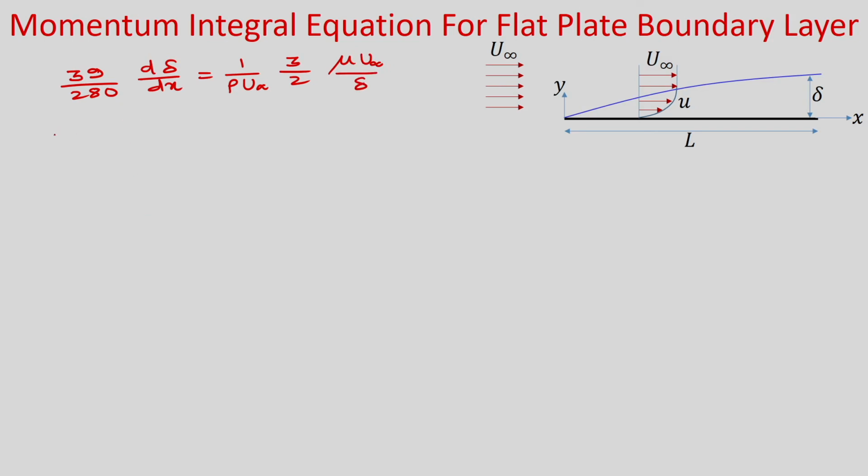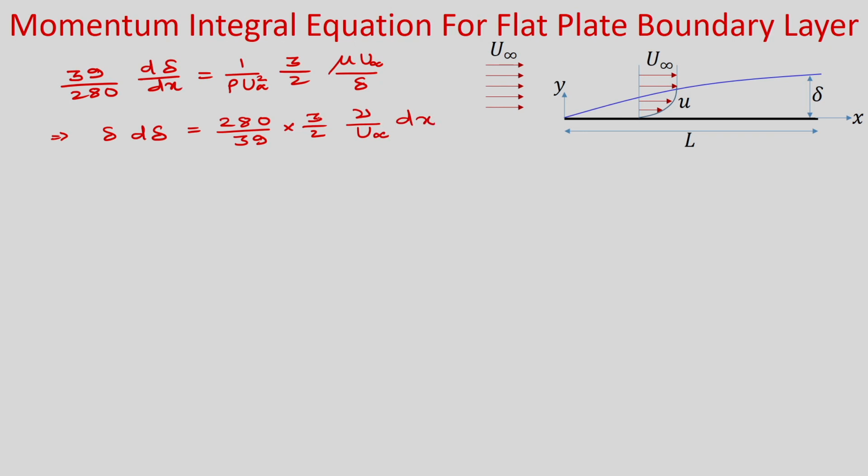Now if you rearrange it, you take delta to the left-hand side, so δ dδ, and on the right-hand side you take all other terms. It will be 280 by 39 into 3 by 2, and μ by ρ we can write as ν, and this U∞ is U∞ squared, so we will get ν by U∞ dx.